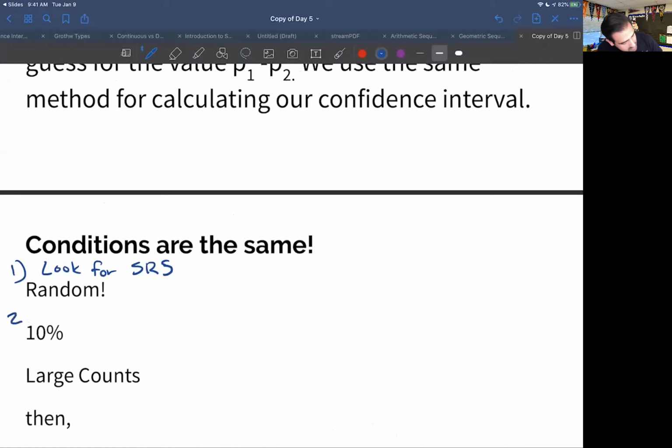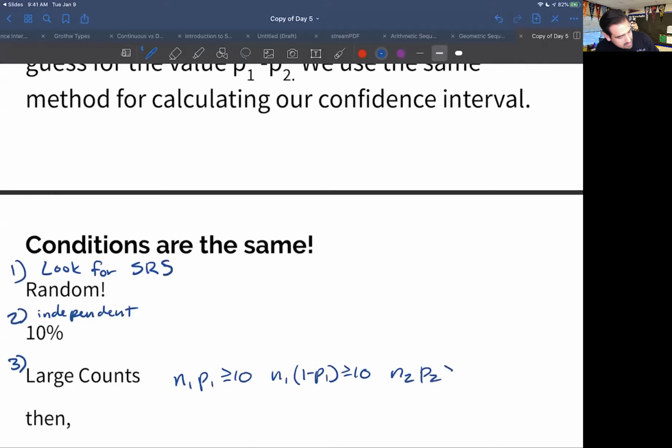We still need to make sure that it's independent, using the 10% condition: make sure we're dealing with less than 10% of the population. And then large counts. Just like we did earlier, you need to check it for both distributions. So n1 p1 has to be greater than or equal to 10, n1 times 1 minus p1 has to be greater than or equal to 10, n2 p2 has to be greater than or equal to 10, and n2 times 1 minus p2 has to be greater than or equal to 10.